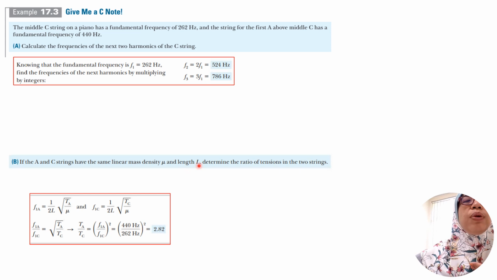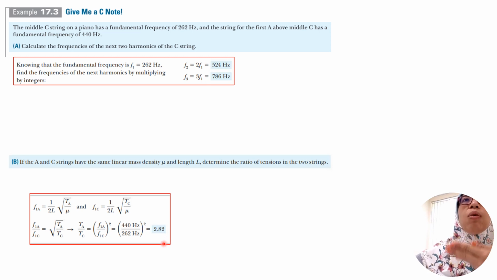Because the original question already said that the linear mass density and also the length have the same value. Okay, so with that, as we simplify and solve, we get that the ratio of TA over TC is equivalent to the fundamental frequency of A over C, squared. So you're going to get 2.82. So that's how you respond to the question.